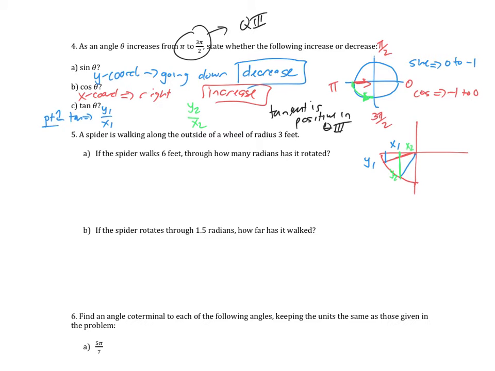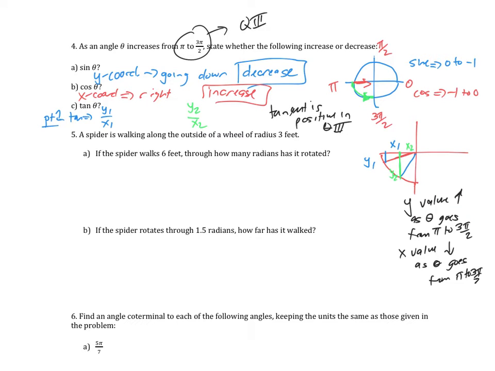As we look at these, we're going to see that as the angle increases from pi to 3 pi over 2, the y value increases, and the x value decreases.